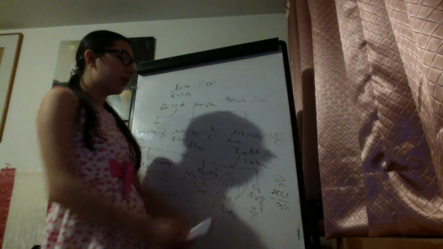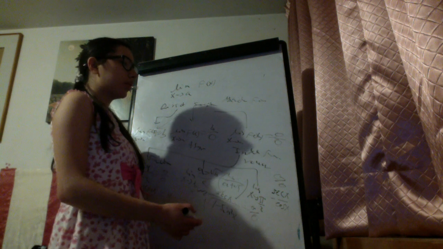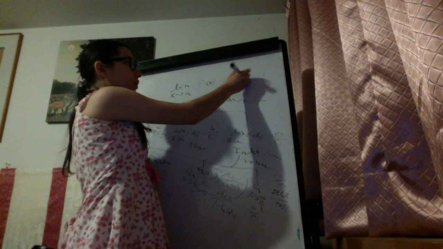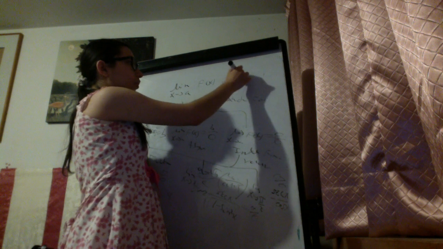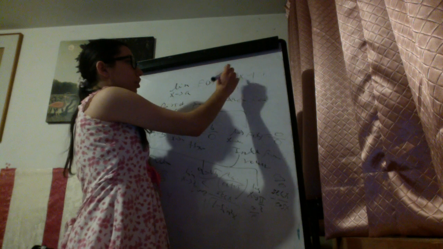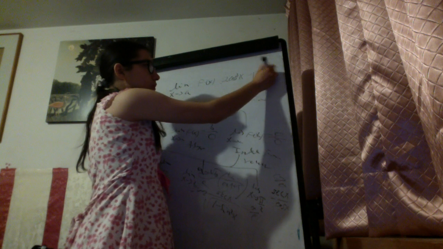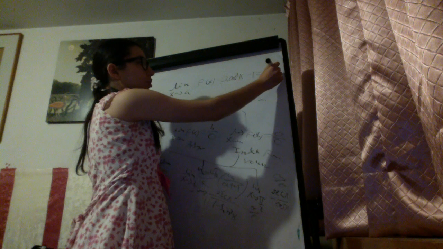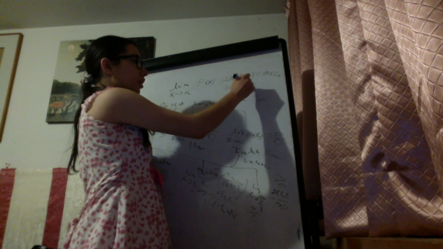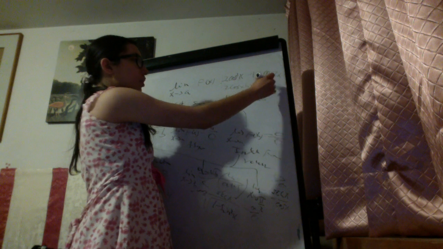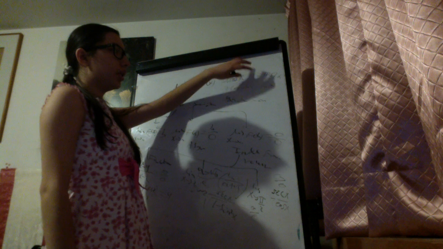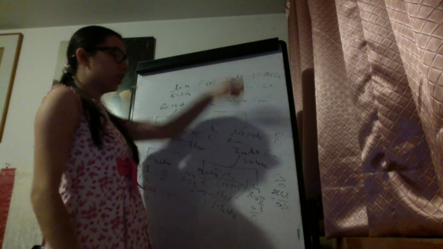Usually it's when you have a 2 in some way, that is when you can rewrite: 2 cosine squared of x minus 1 equals cosine of 2x, or 2 cosine of x sine of x equals sine of 2x. So you usually will try to use the double angle identities in that way.